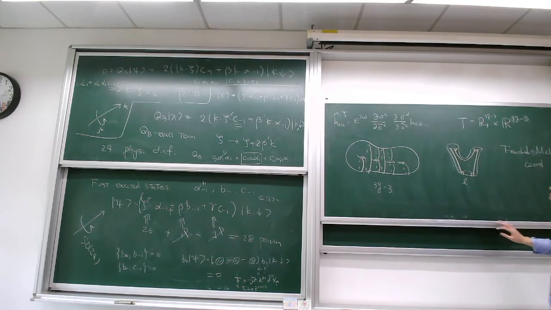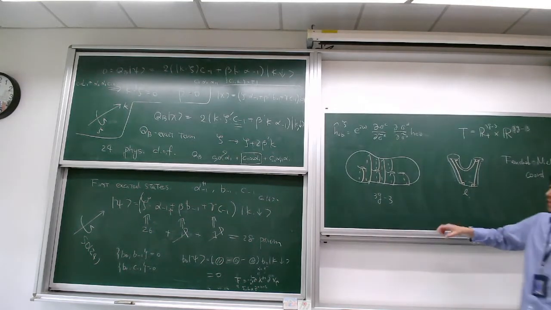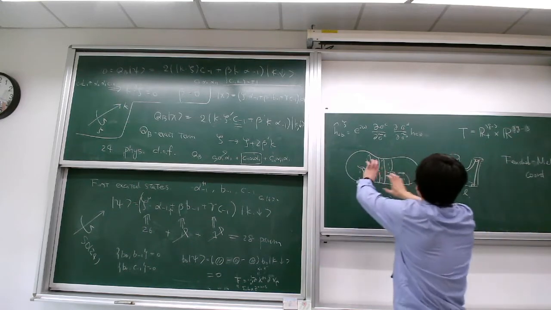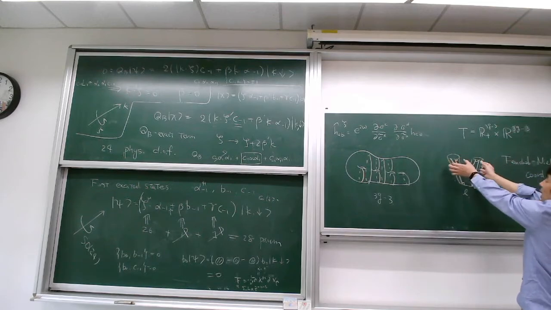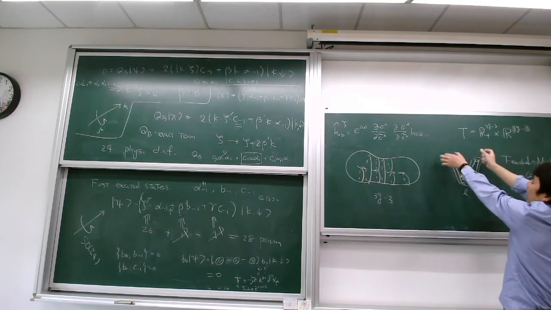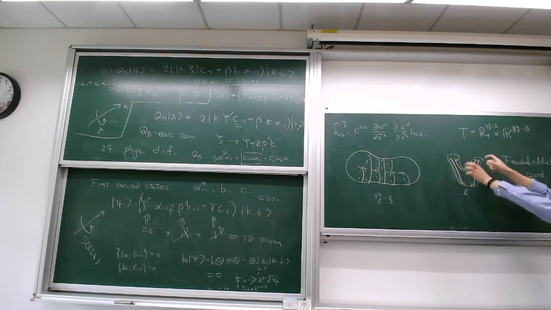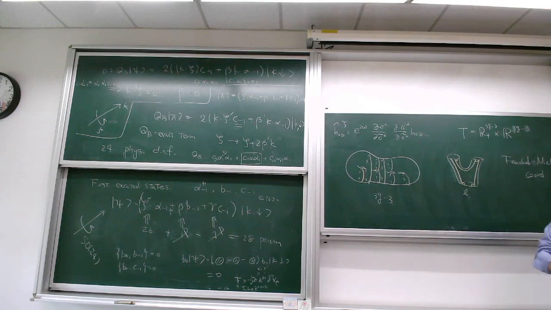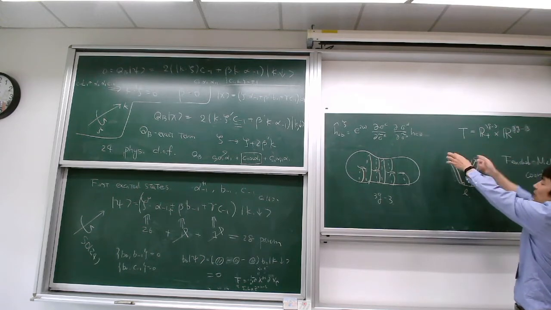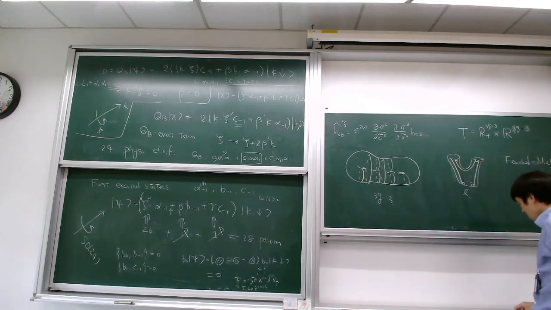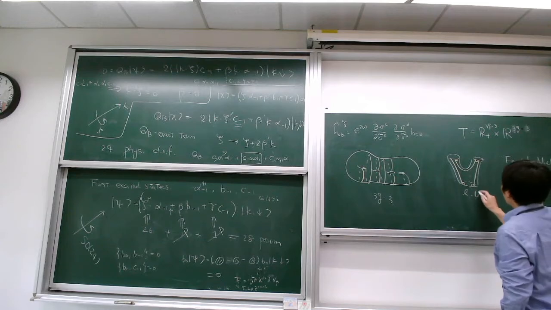And then when you glue the pants by identifying edges, there's a way to specify the angle. So one can specify how to glue. That's actually what Fenchel-Nielsen called an angle shader.